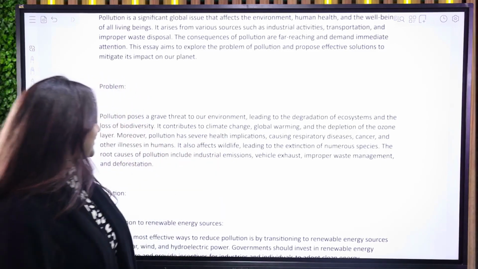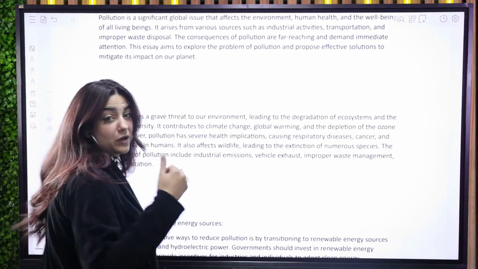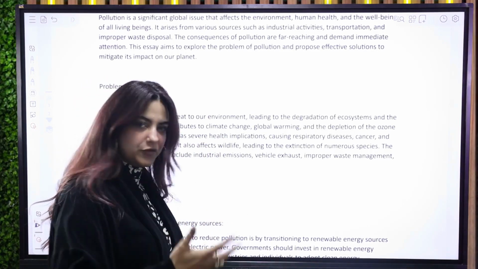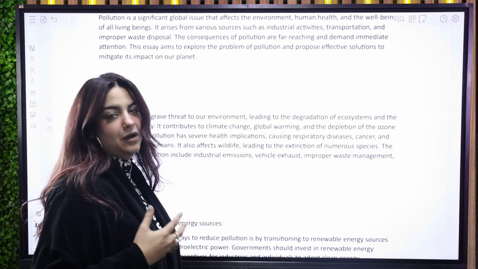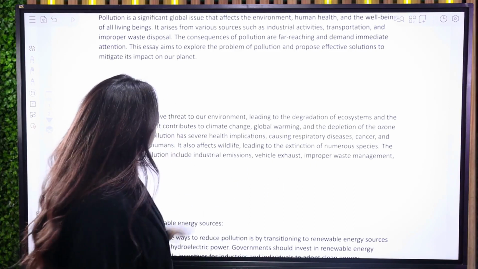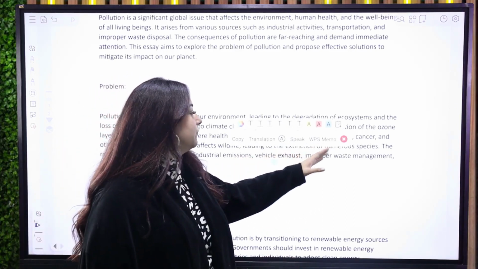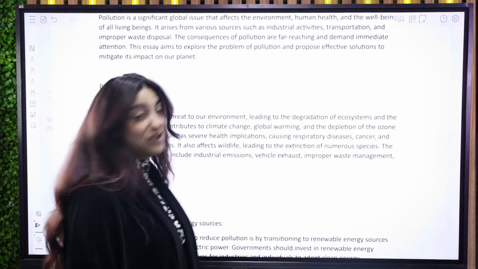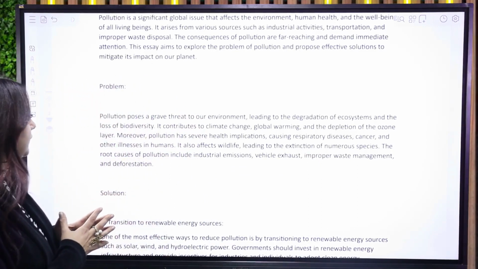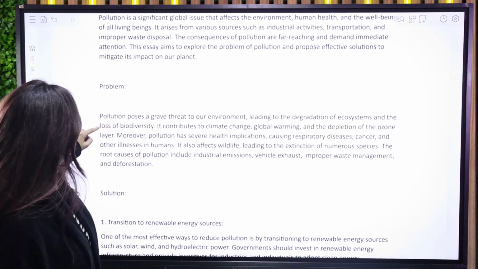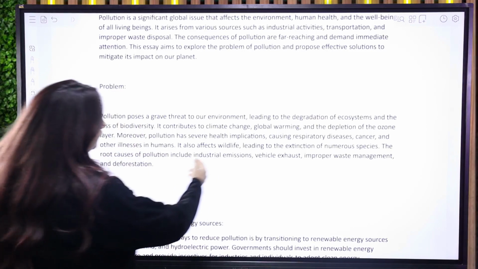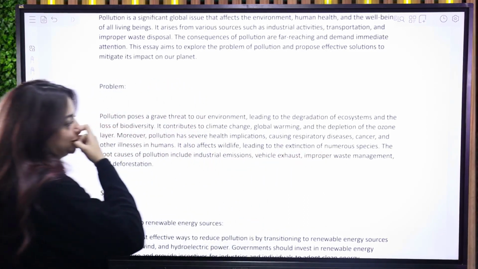It also affects, I can remove this and write one of the connectors, such as moreover, furthermore, in addition, additionally, and so on. It affects wildlife, leading to the extinction of numerous species. So, that's why it's stated above, the loss of biodiversity. And here it echoed again in another structure, leading to the extinction of numerous species.